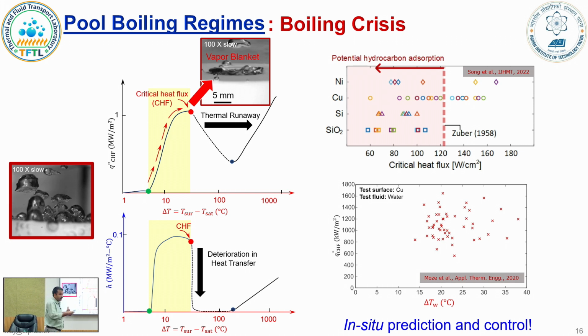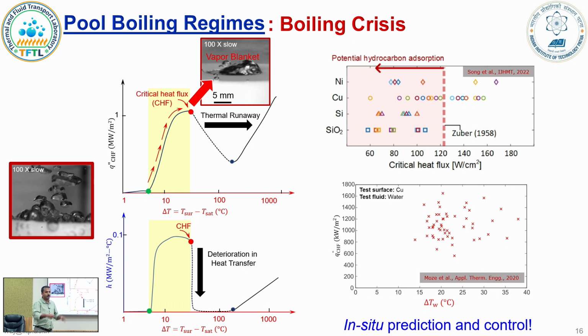Look, practically speaking, if I am a reviewer, it's the same experiment, right? Look at the scatter in the data. Somewhere from 15 degree superheat to 40 degree superheat, people have reported, and these are published papers, okay? And the heat flux is 60 watts per centimeter square to maybe 180 watts per centimeter square.